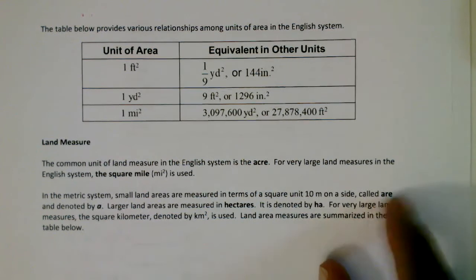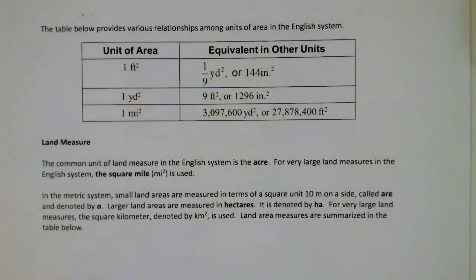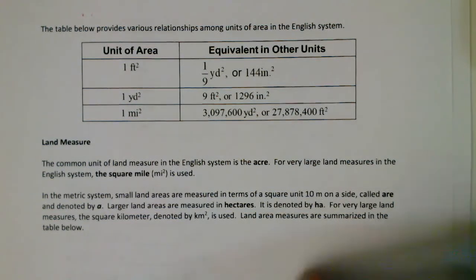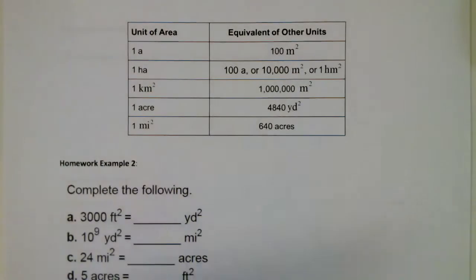That is A-R-E, but it's pronounced air. And we denote that with a lowercase a. Larger land areas are measured in hectares, denoted by HA. For very large land measures, the square kilometer, denoted by kilometer squared, is used. Land area measures are summarized in the table below. And actually, that table is on the next page.